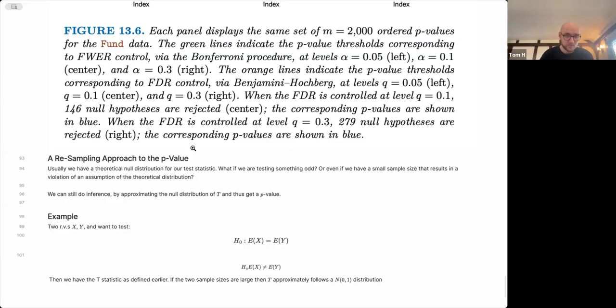The nice thing about the T distribution is if your sample sizes are big enough in both your groups, then that T distribution is approximately a normal distribution, which is easy to get results from for your p-values.